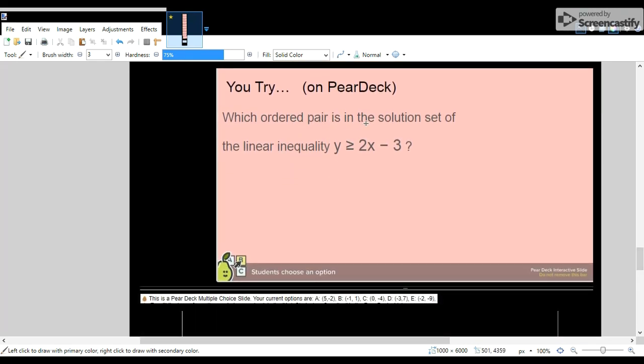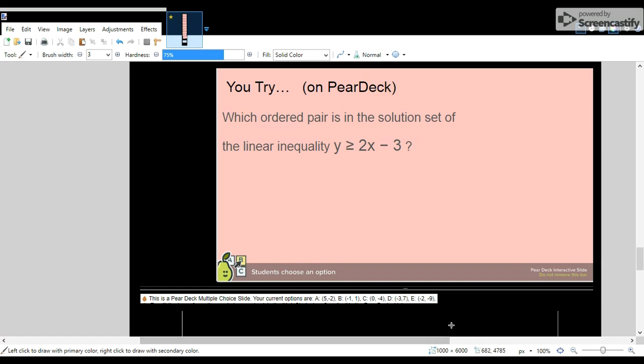Which ordered pair is in the solution set to the linear inequality y is greater than or equal to 2x minus 3? Here are the possible choices. 5, -2, -1, 1, 0, -4, -3, 7, and -2, -9.